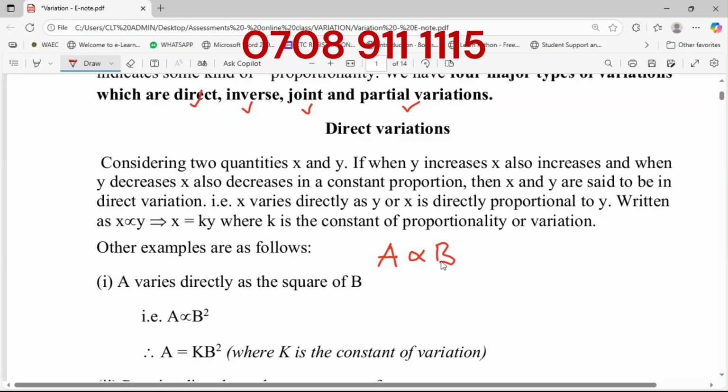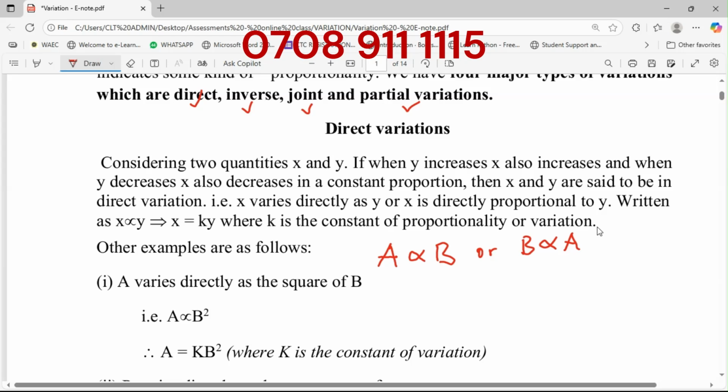If you say A is directly proportional to B, you can also write it as B is directly proportional to A. Whether you mention A first or B first, that's the relationship between them.